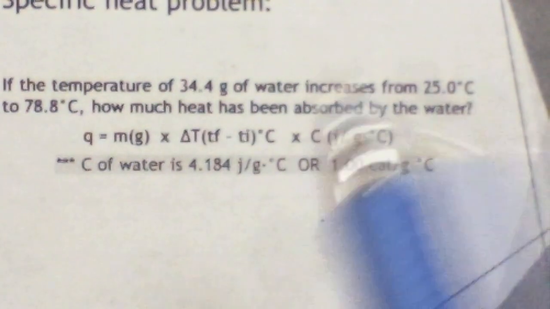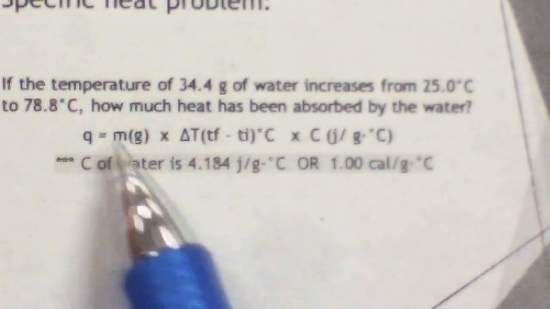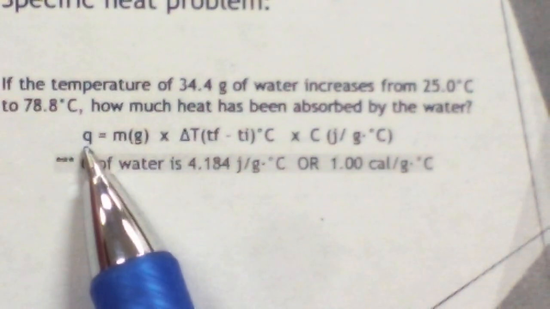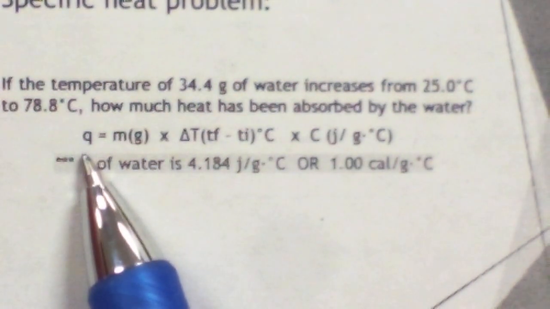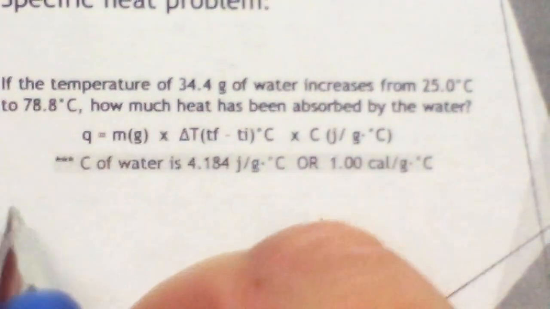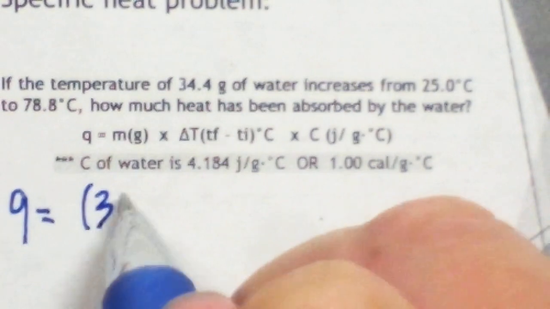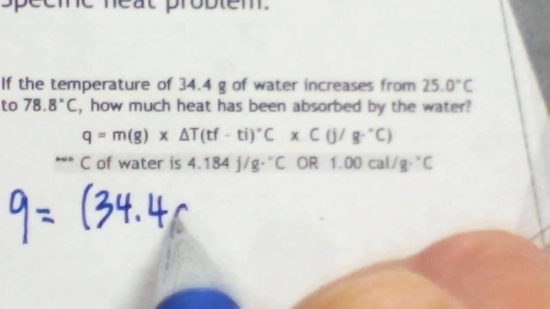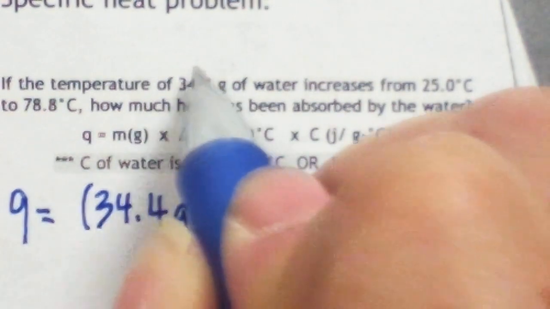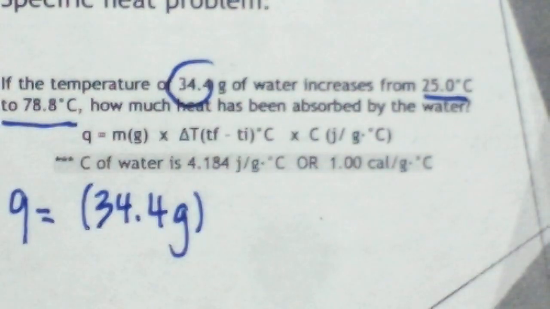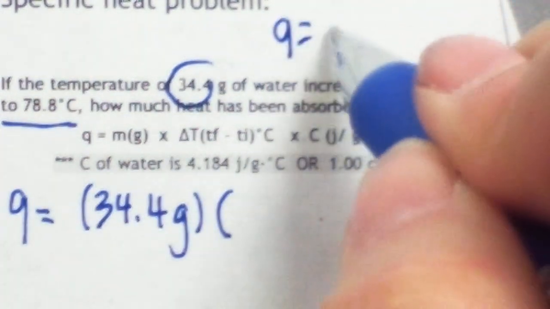So first, notice I have the MCAT formula here. Q is going to be the amount of heat that is either absorbed or released. So let's start. Q equals the mass, 34.4 grams. So here's my mass. Here's my temperature, right? So times my temperature, because I'm doing Q equals MCAT.